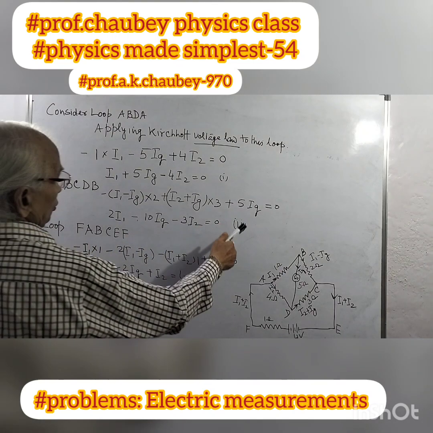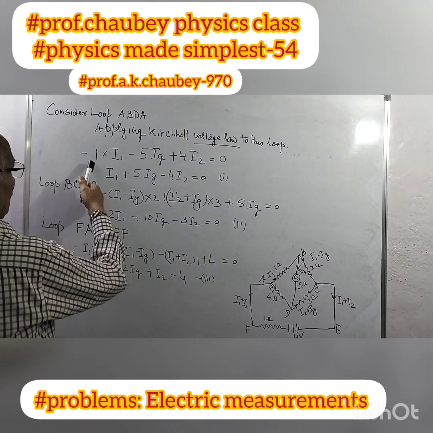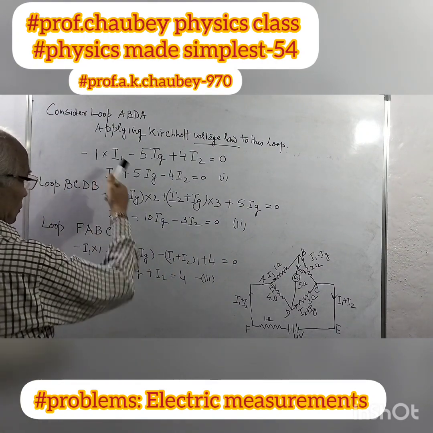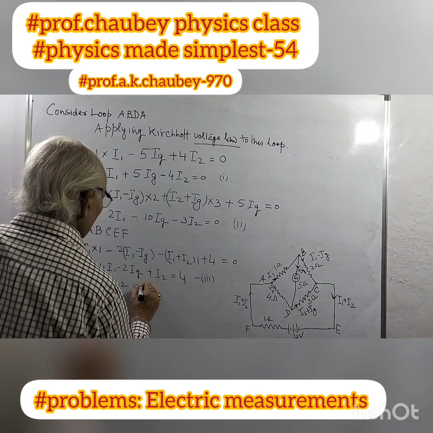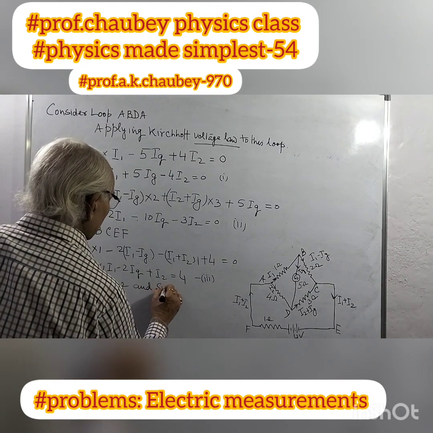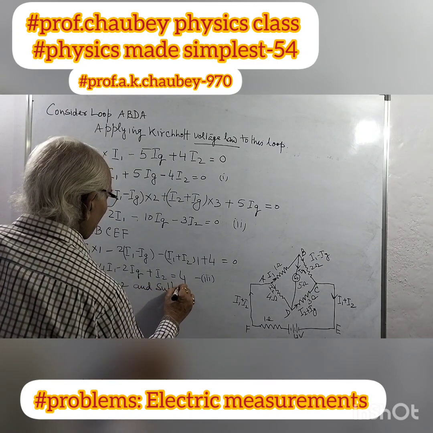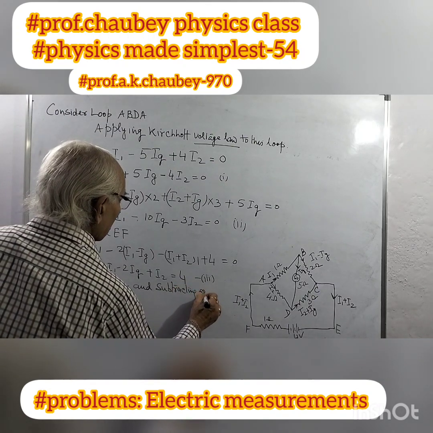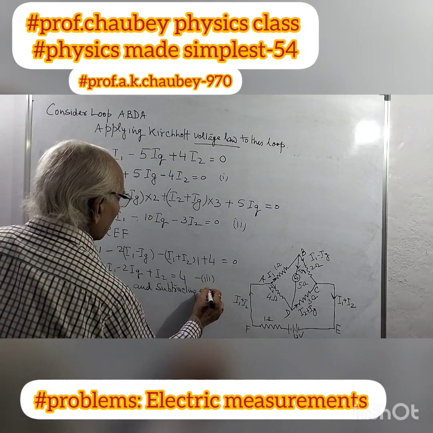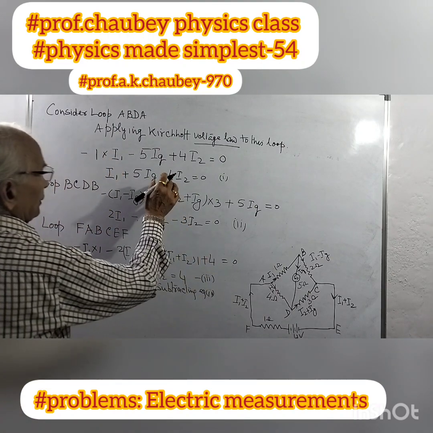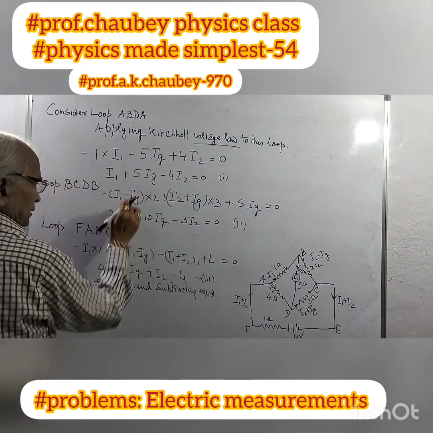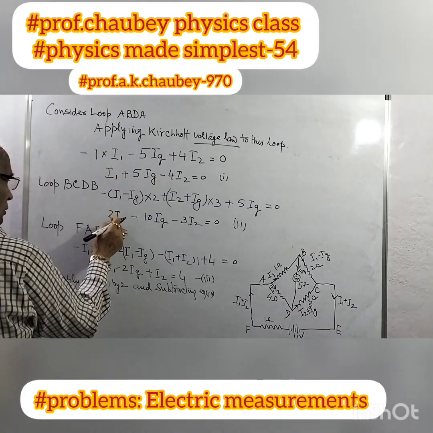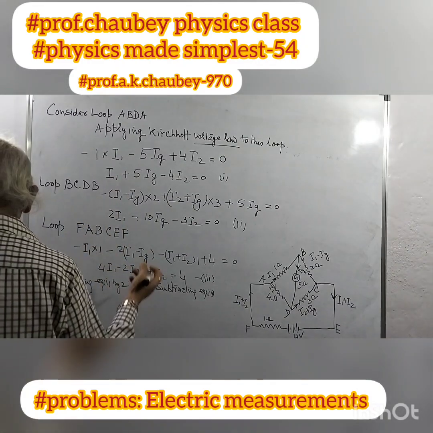Because in equation number 2 we have 2I, here I have 1, so I multiply by 2. This is simple algebra now. Solving the equation, you multiply this equation by 2 and subtract this equation. So I1 will be cancelled.